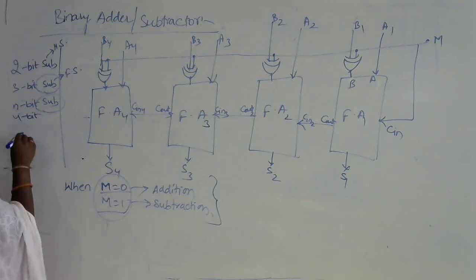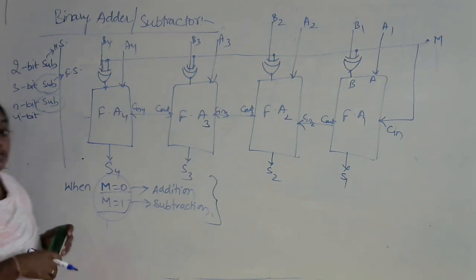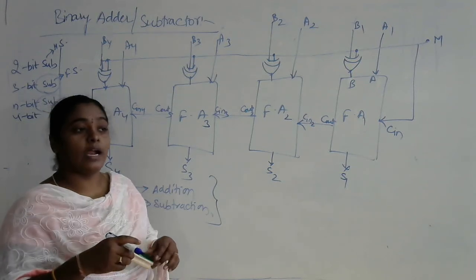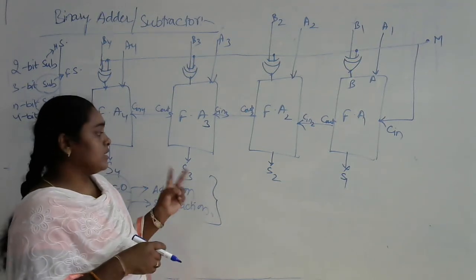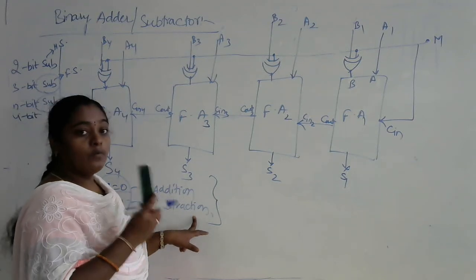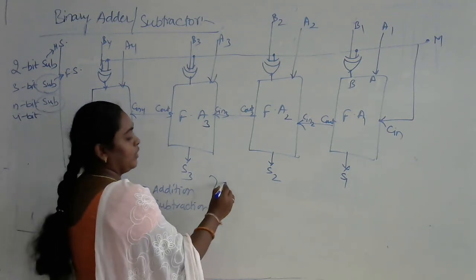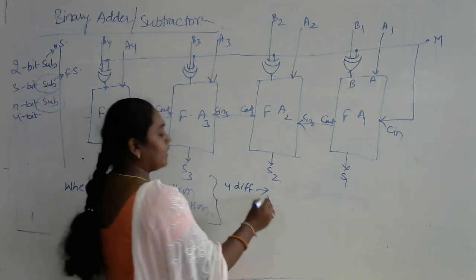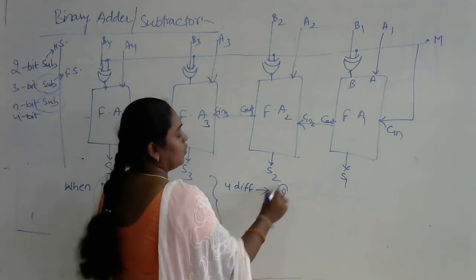If we are doing two different operations by using the same circuit, then such a circuit is called an adder slash subtractor. Now, as we are performing only two different operations, here we are having one control signal. If we want to perform 4 different operations by the same circuit, then we need to have two control signals.